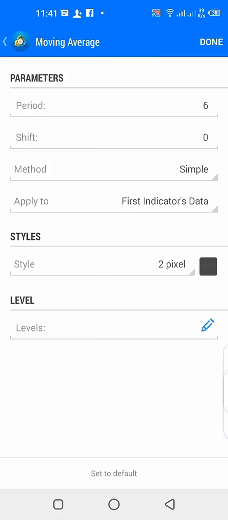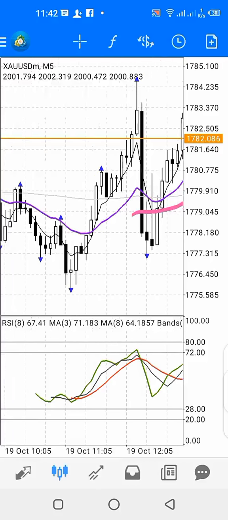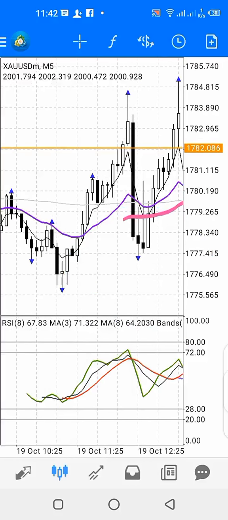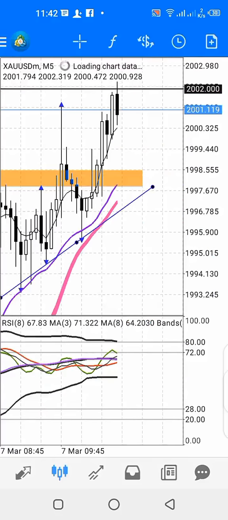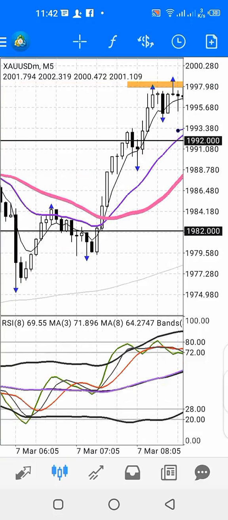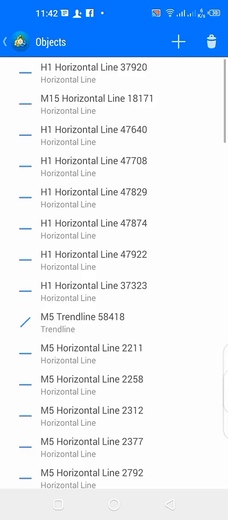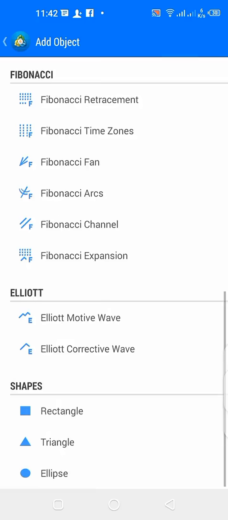This is a 6 period moving average. First indicators data, color is black, method is simple. So that's that for the indicators.